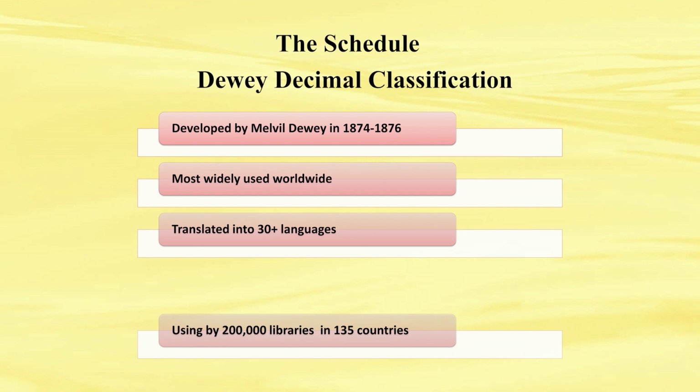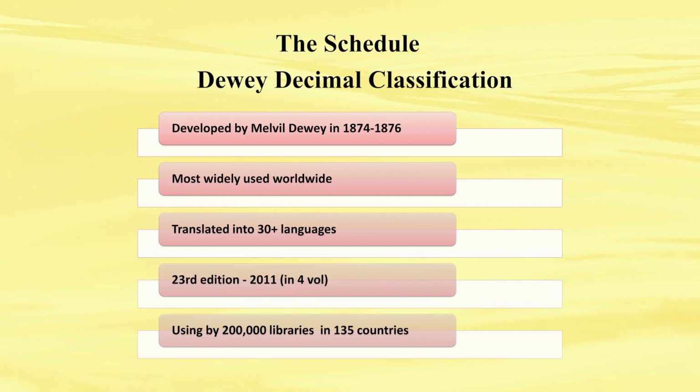Presently, we have the 23rd edition of DDC, that is Dewey Decimal Classification, which was published in 2011 with its 4 volumes. In the first summary, we will get the 10 divisions of the universe of knowledge.